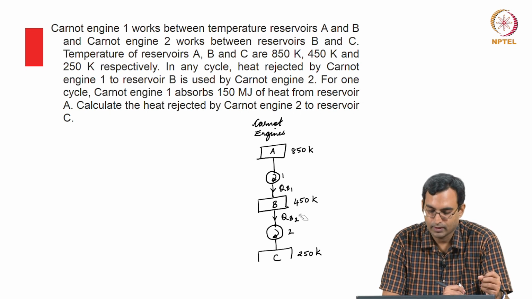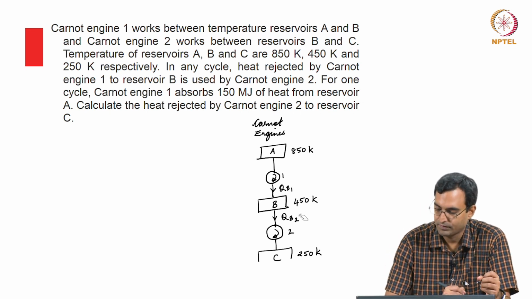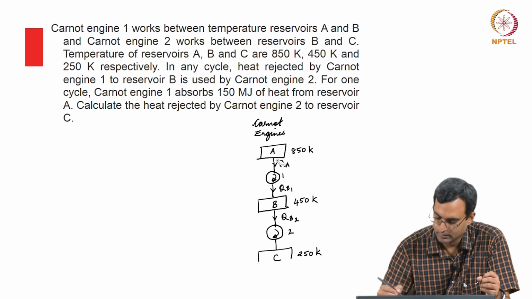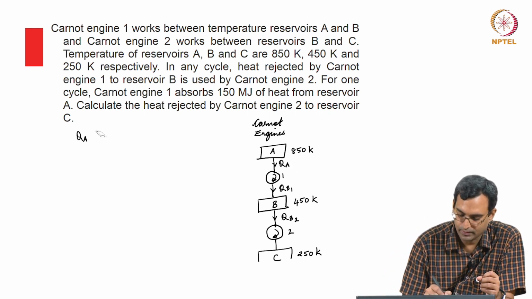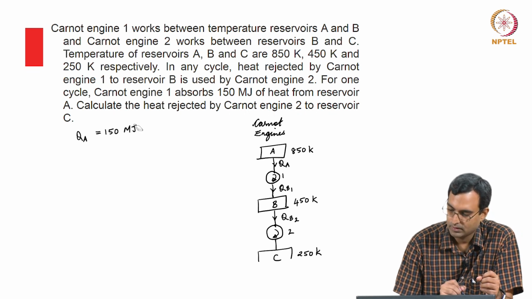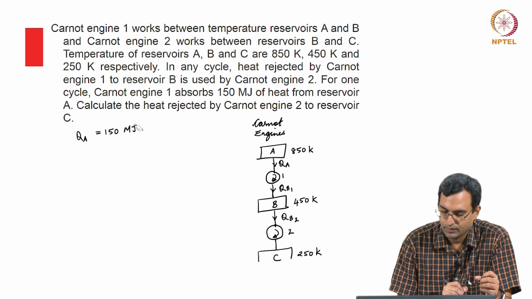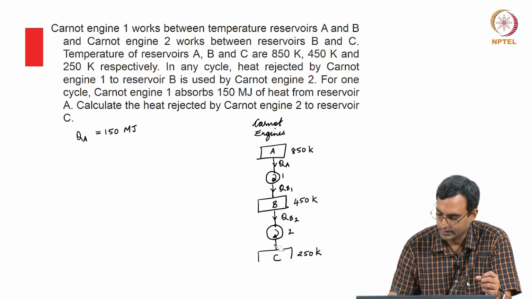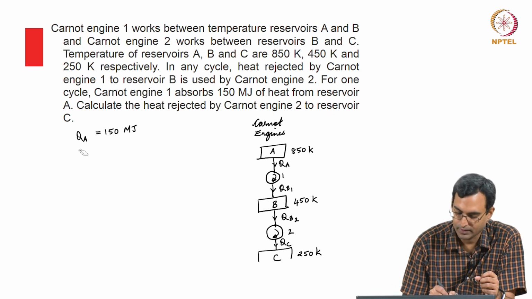So for one cycle, Carnot engine 1 absorbs 150 megajoules of heat from reservoir A. So what we have is that QA is 150 megajoules of heat. We are asked to calculate the heat rejected by Carnot engine 2 to reservoir C. So essentially QC is what we are asked to find out.